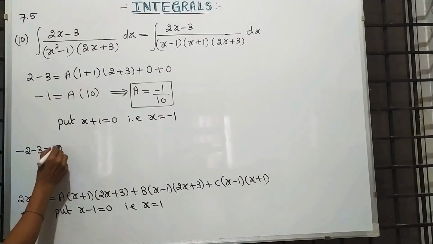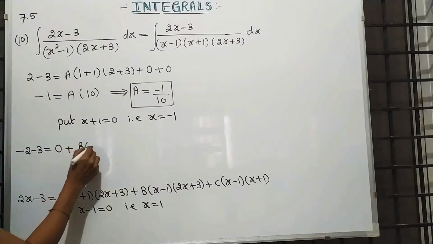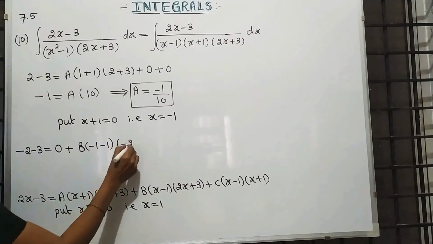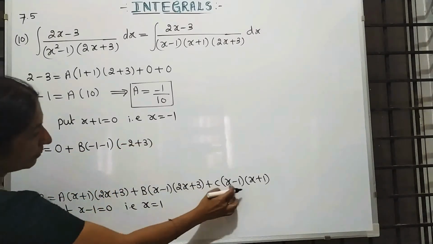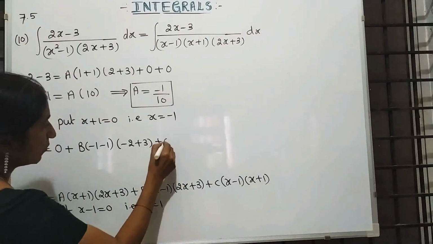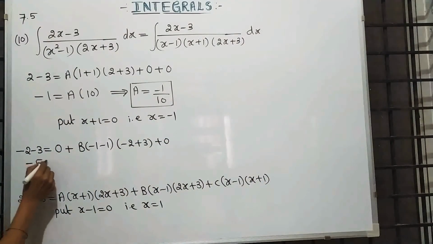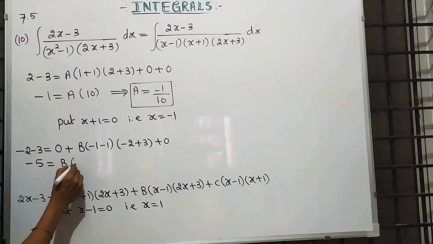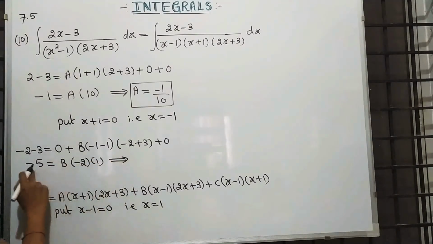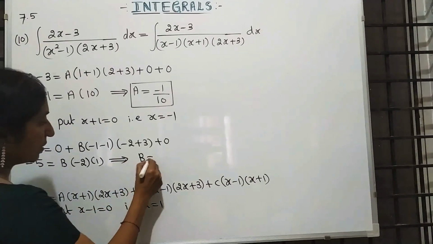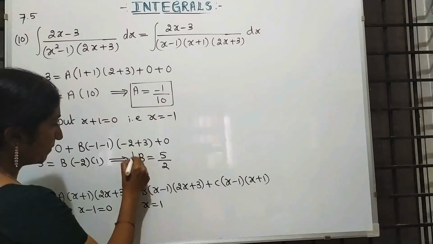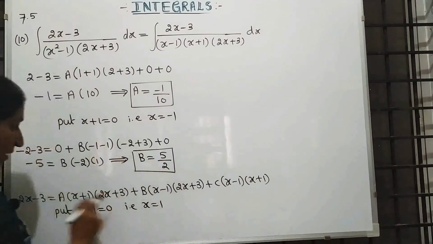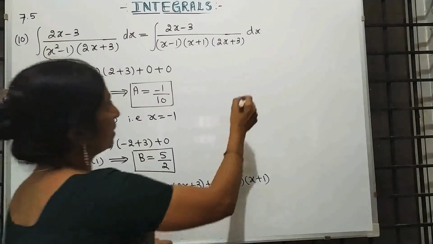Now a becomes 0. b is (minus 1)(minus 2 plus 3), c is (minus 1 plus 1) which is 0. This is minus 5, b into minus 2 into 1. So what is b then? b is 5 upon 2. On both sides minus gets cancelled. Then next one, put 2x plus 3 is equal to 0.